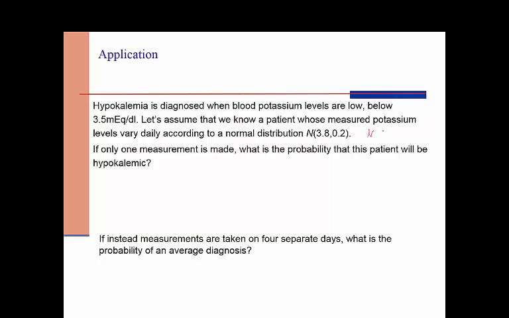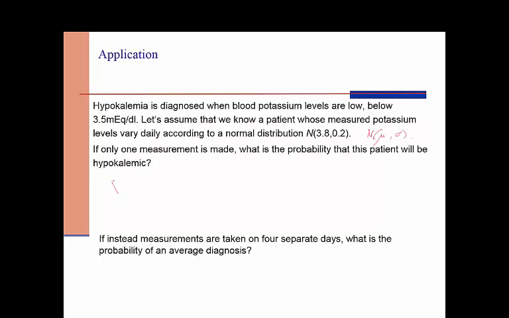Again, remember, with normal distributions the first number is the mean, the second number is sigma. We're trying to find out, if only one measurement is taken, what is the probability that this patient will be hypokalemic?